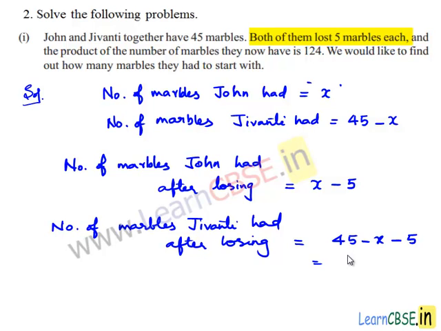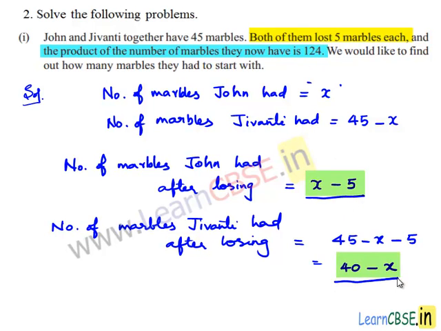This becomes 40 minus x. Now according to the given condition, the product of the number of marbles they now have is 124. So this product, x minus 5 times 40 minus x, will be equal to 124.